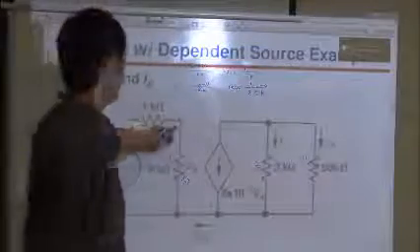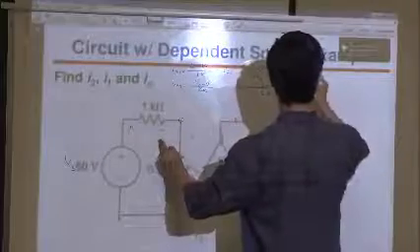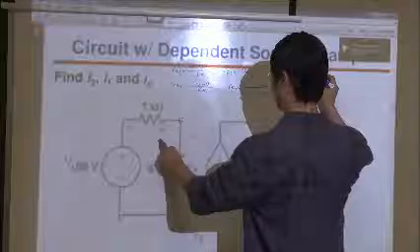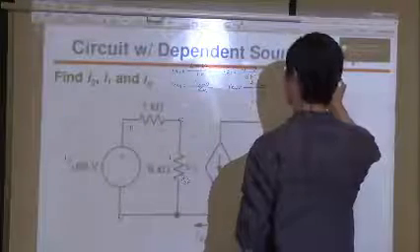So then we write the KCL at this node, which means IR1, the current flowing through here, will equal IR2, right?